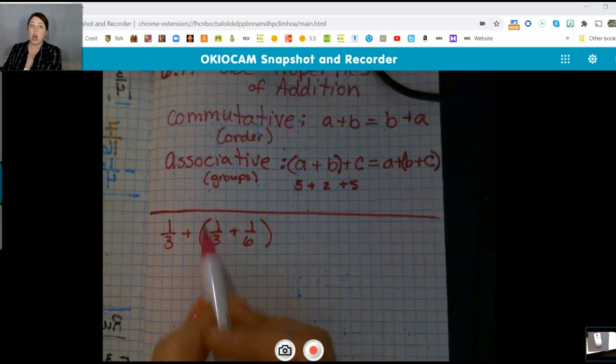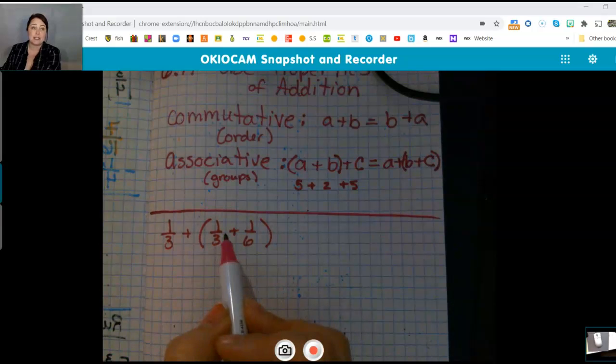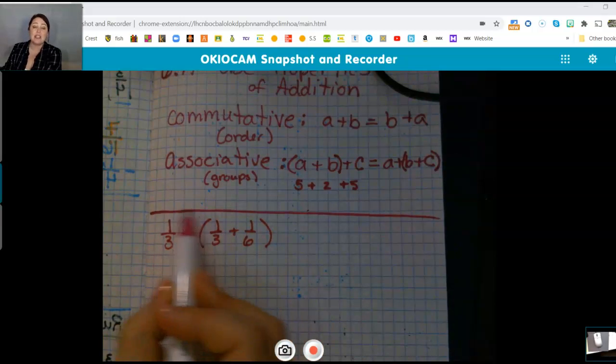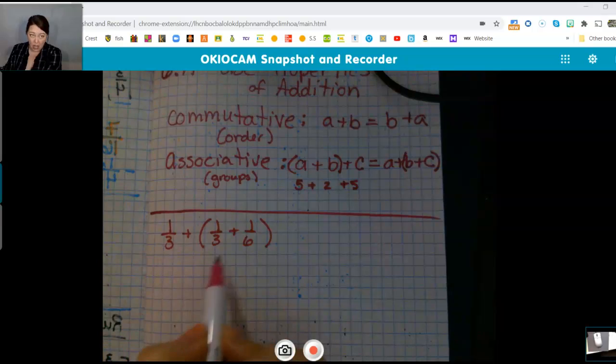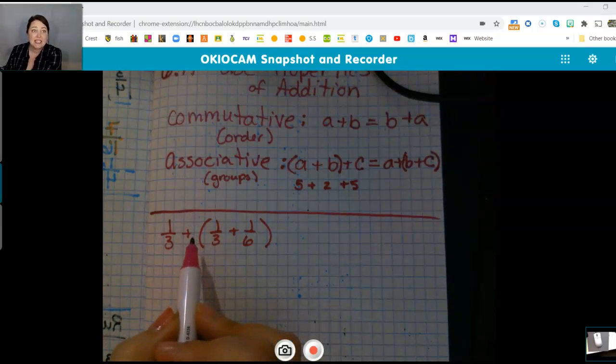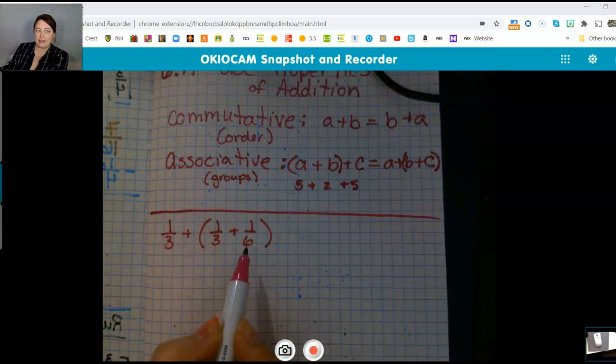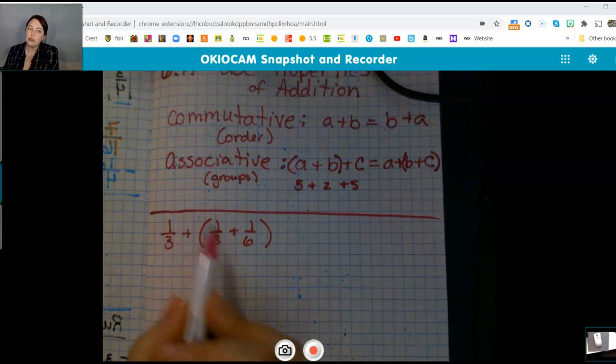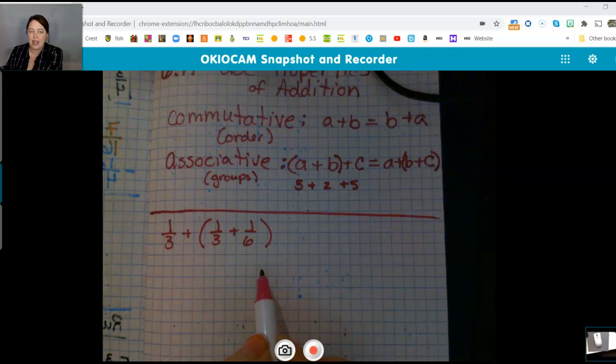I should not add these two first. I should add the numbers that have a common denominator first, then deal with this. So look for the things that have a common denominator first, then add the rest.